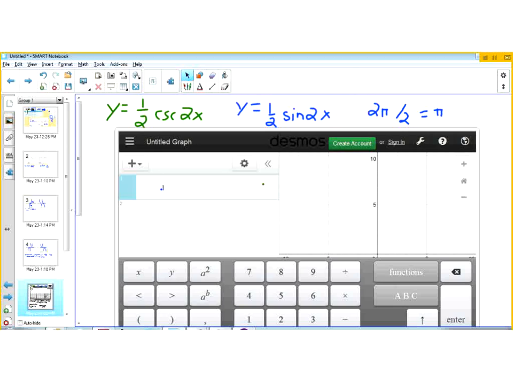So let's start off with the graph of y equals sine x. Let's just do one period of the sine function, so 0 less than or equal to x less than or equal to 2 pi.